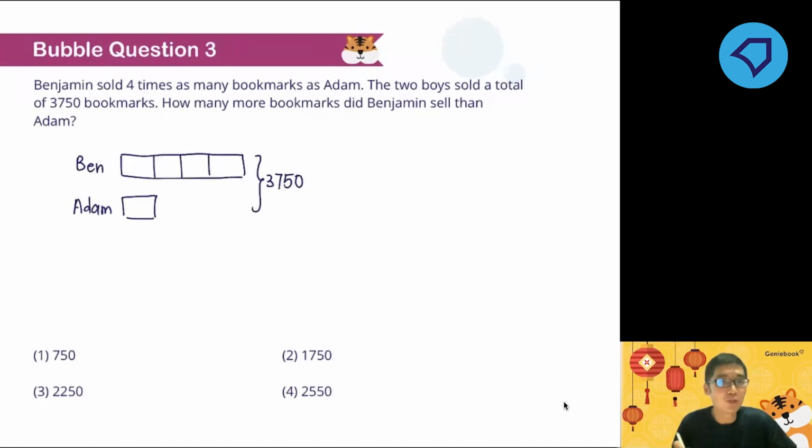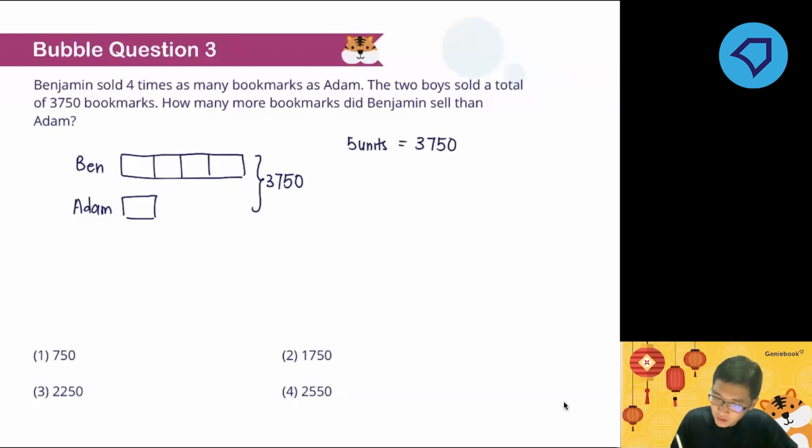Now how many units then represents 3,750? Can you tell me how many units represents 3,750 bookmarks? I see here in the model altogether 5 units. Yes, you're right as well. So 5 units in total represents 3,750.